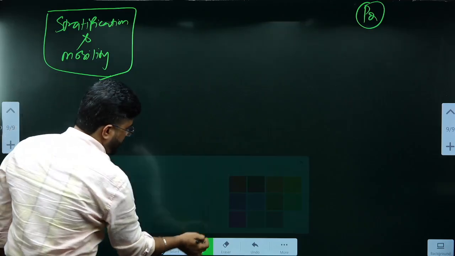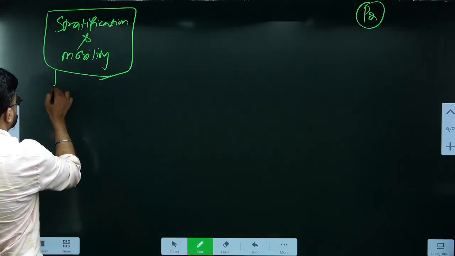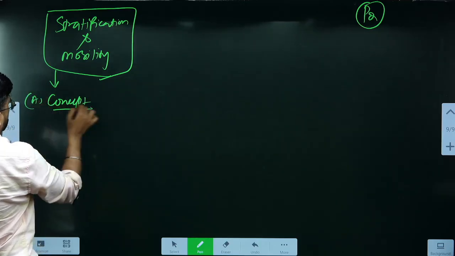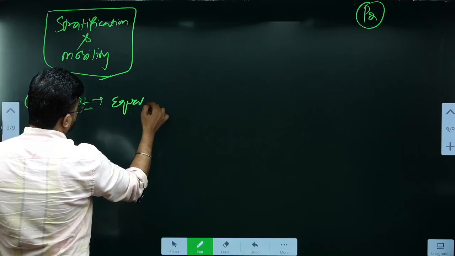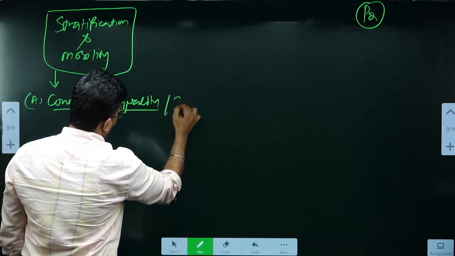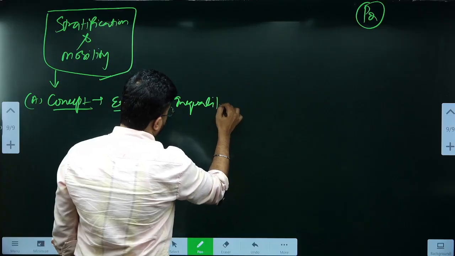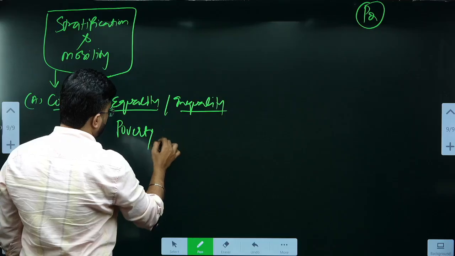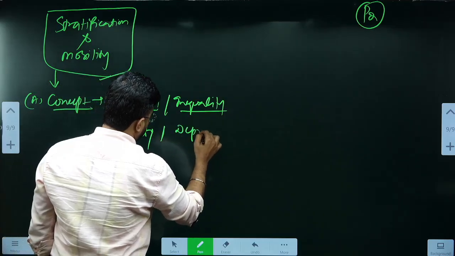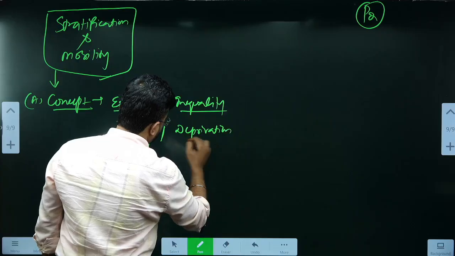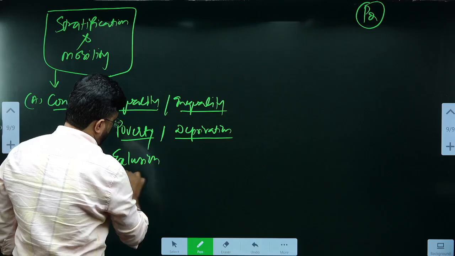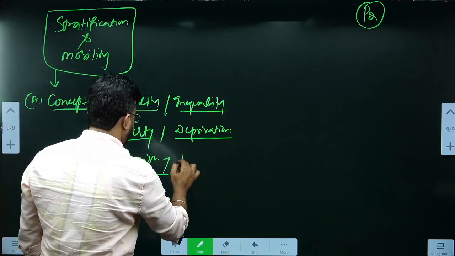So, for concepts, you have equality, inequality, poverty, deprivation, exclusion, etc. and hierarchy.